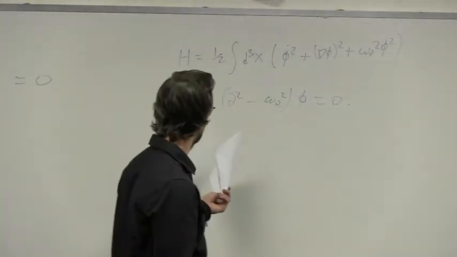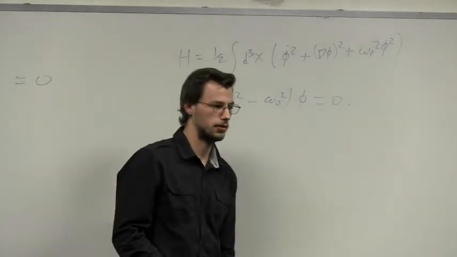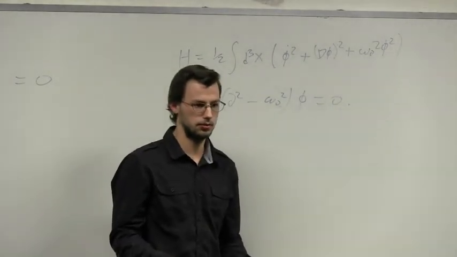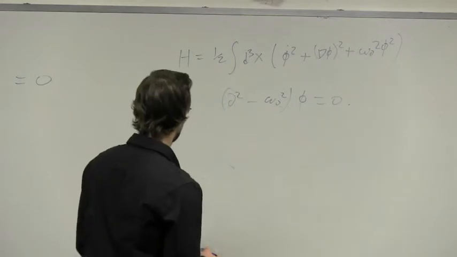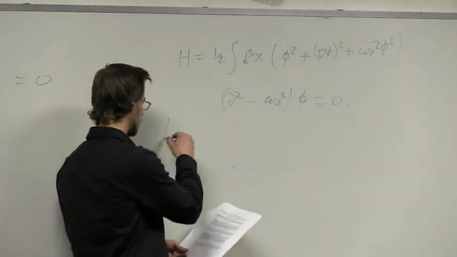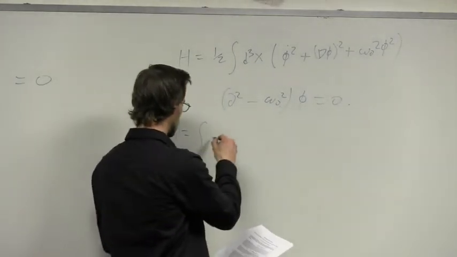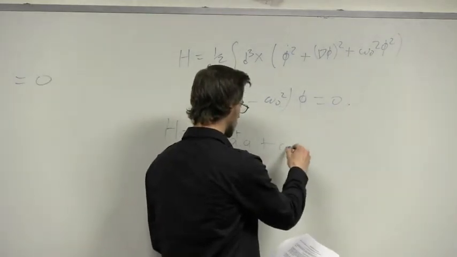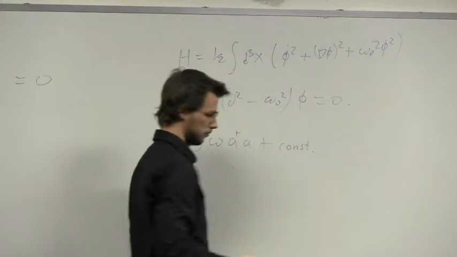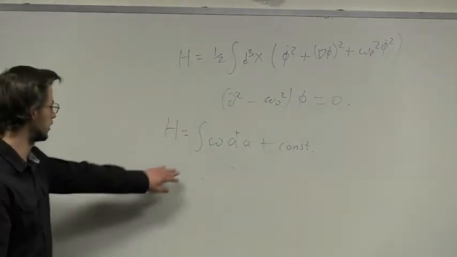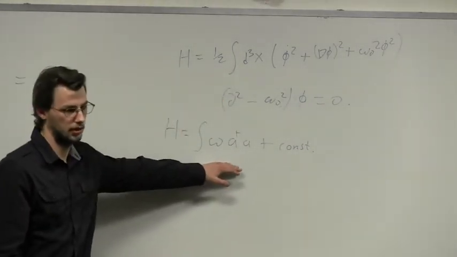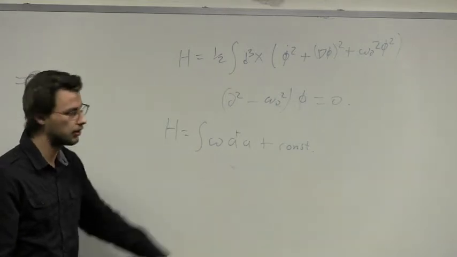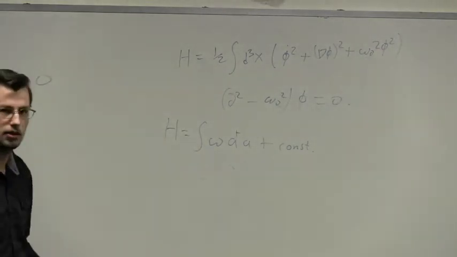And then if you work it out, plugging in phi in terms of annihilation and creation operators for the field, in terms of single and multi-particle states, you'll end up getting a Hamiltonian: omega, A dagger A, plus a constant. So you get the same exact integral that you got in non-relativistic quantum mechanics, which you study in undergraduate.